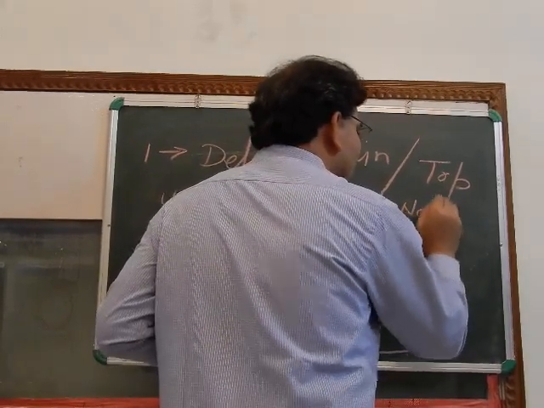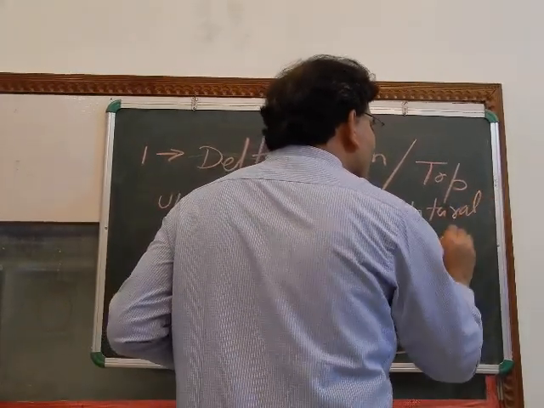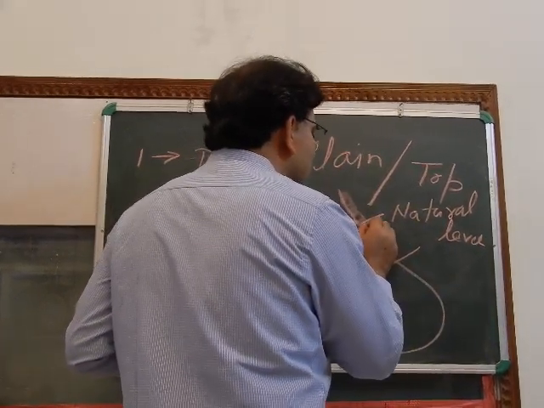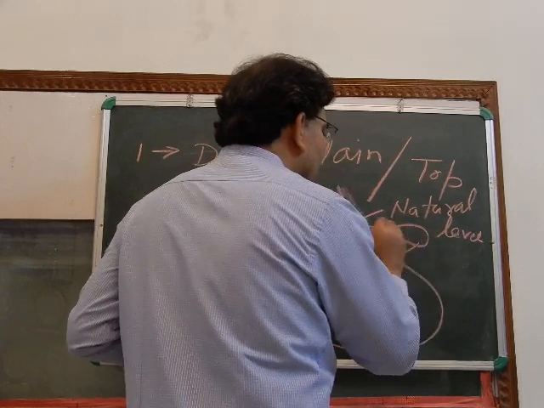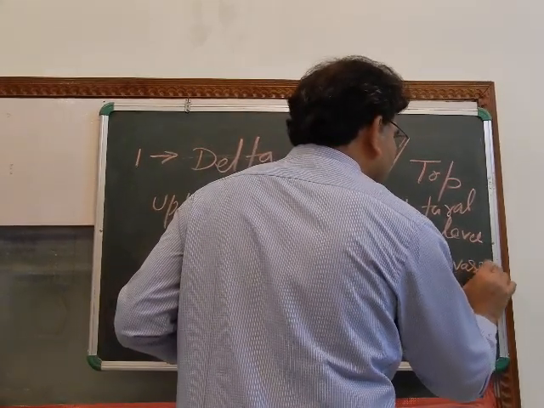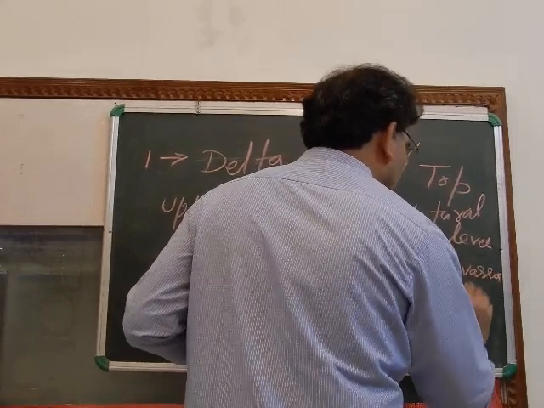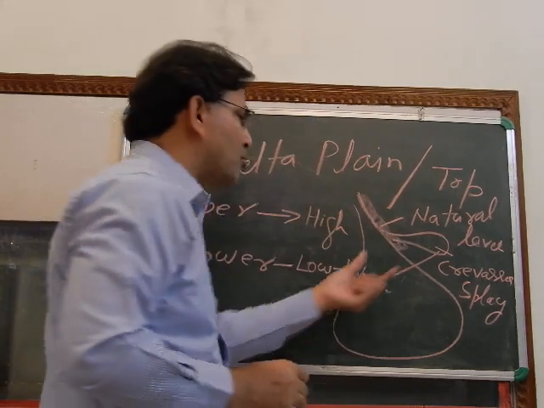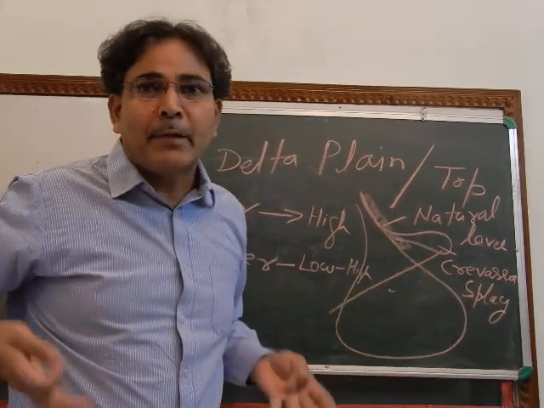It is also characterized by natural levees, and at some places crevasse splays are formed. We will discuss in detail the natural levee and crevasse splay. They are overbank deposits.